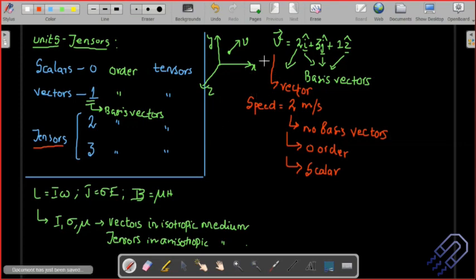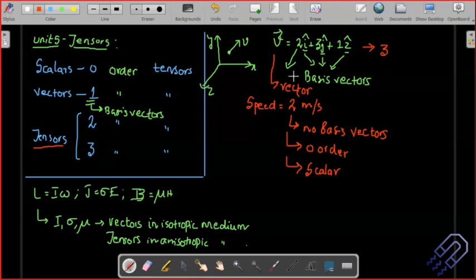Although the velocity, the speed, as well as these components in an isotropic medium, all of them may be in a three-dimensional space. So if you look into this particular example of vectors, you see that it is in a three-dimensional space, and the basis vector associated with each component is just one.